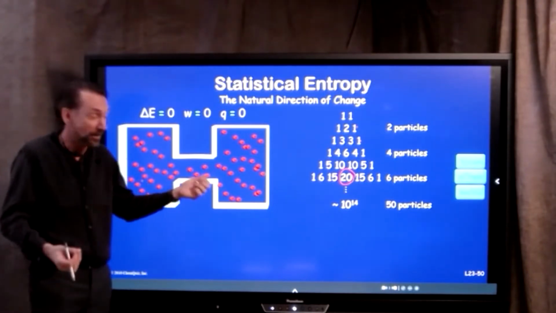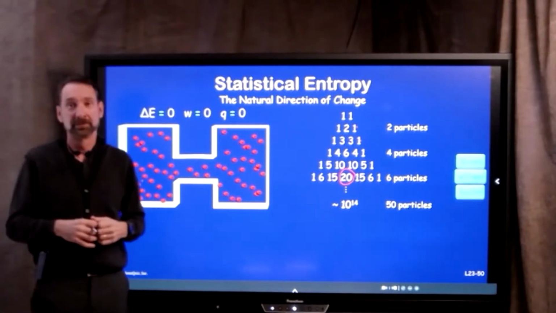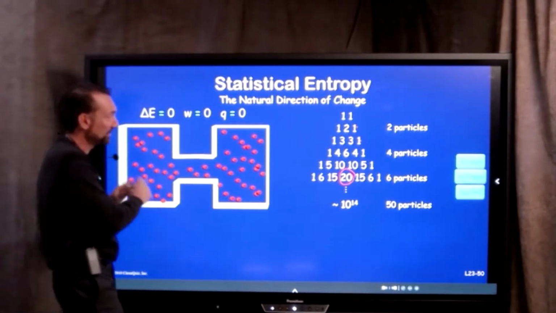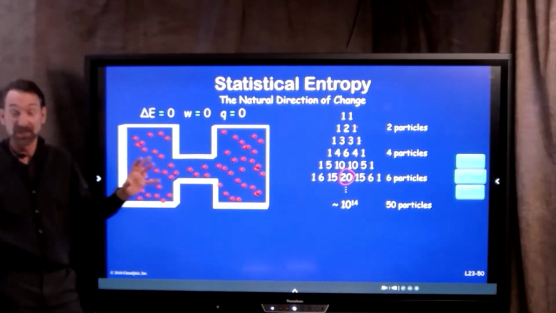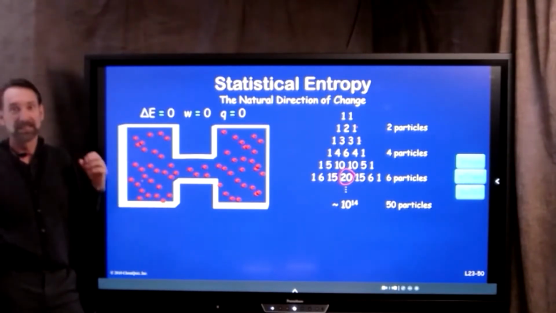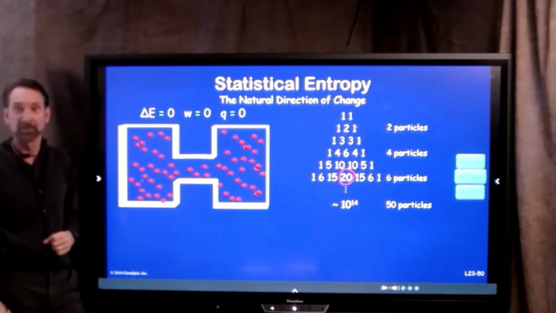It's just so rare that they'd all be over to the other side. And that's not energetic. All of them on this side is the same energy as spread out or all of them on the other side. There are no energetics to do with that. It's simply the statistics of these moving particles moving from side to side randomly.